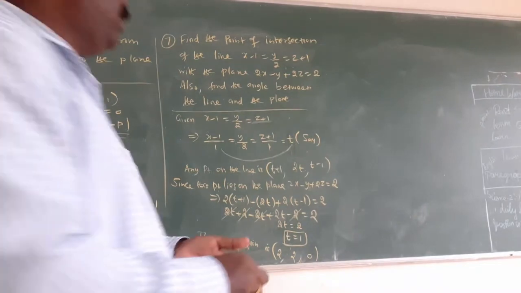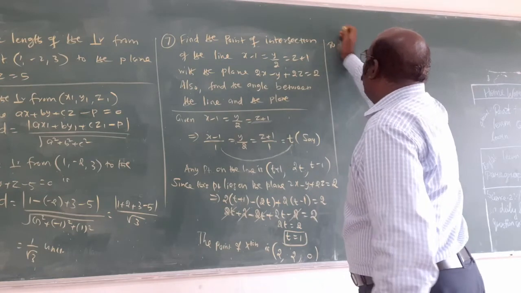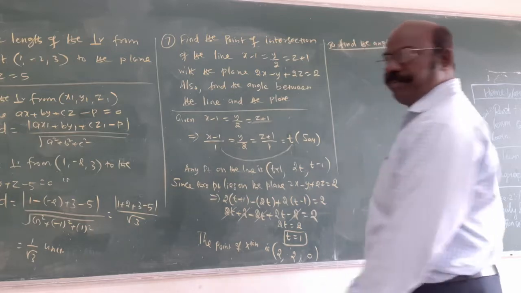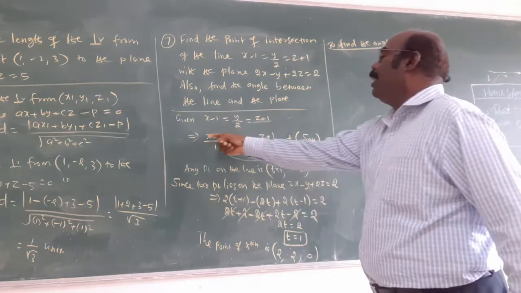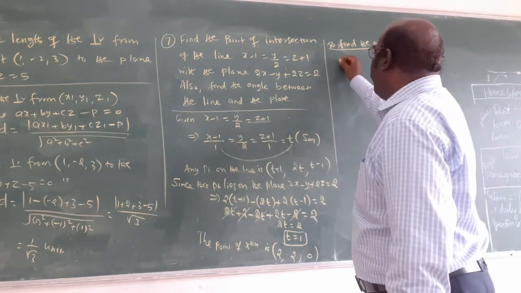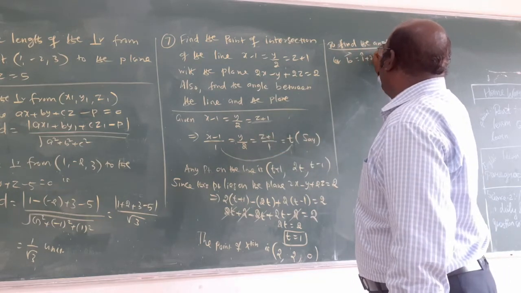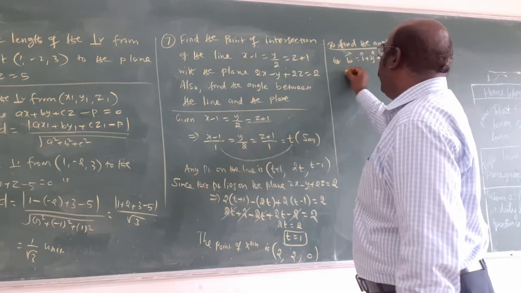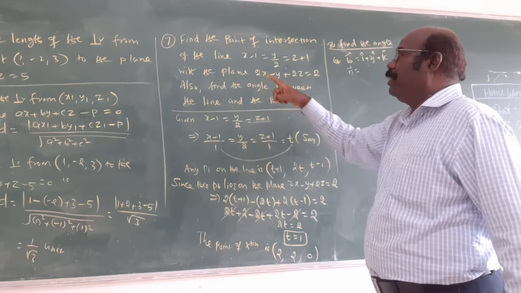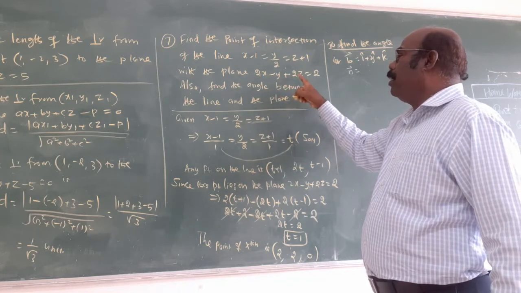What is the method to find the angle? The same thing. This is the equation of the line, passing through one point with one parallel vector. That means let b equal to i plus 2j plus k. Then n vector is from the plane equation, of the form r dot 2i vector minus j vector plus 2k vector equal to 2.